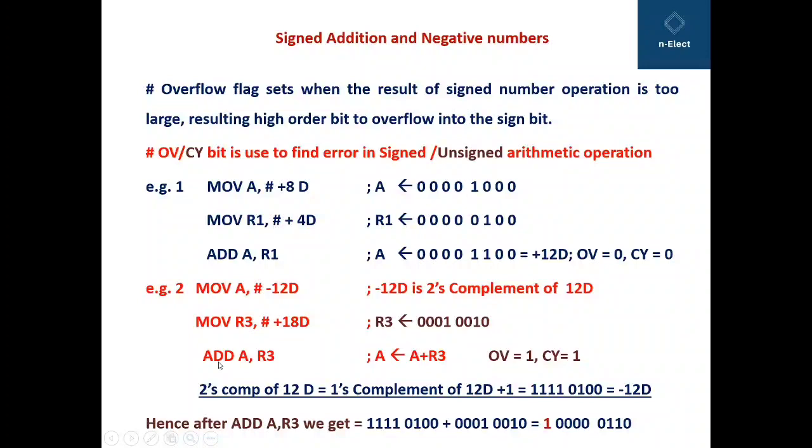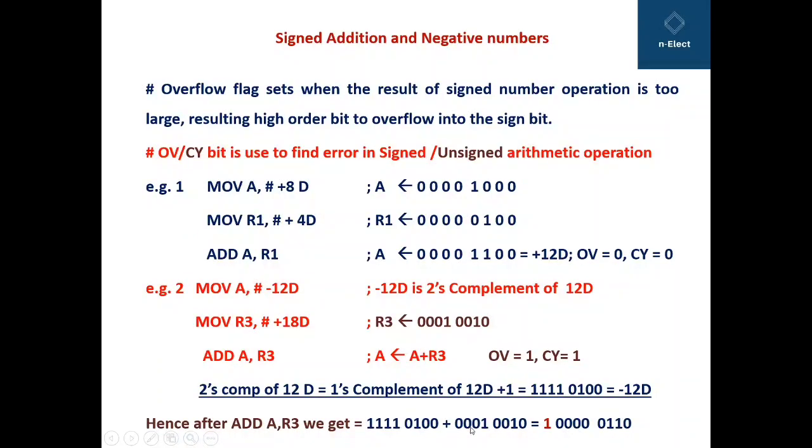Now when we perform the third instruction, that is ADD A, R3, what will happen here? It will add the contents of R3 with the contents of the accumulator and the result will be stored in the accumulator. So after the addition of ADD A, R3, we get the two numbers 11110100 plus this number.